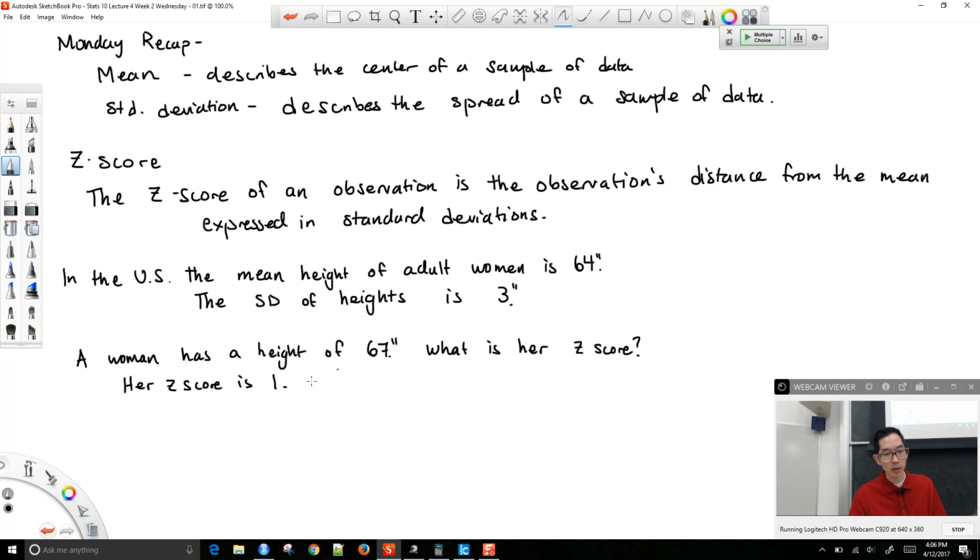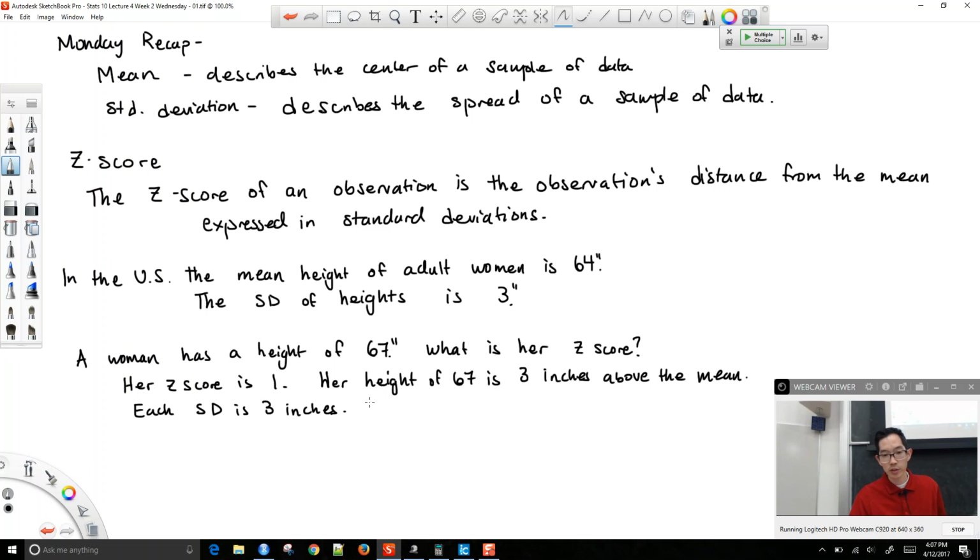Her height of 67 is 3 inches above the mean. The mean is 64. Each standard deviation is 3 inches. So she is 1 standard deviation above the mean. Therefore, her z-score is 1. So far, so good?